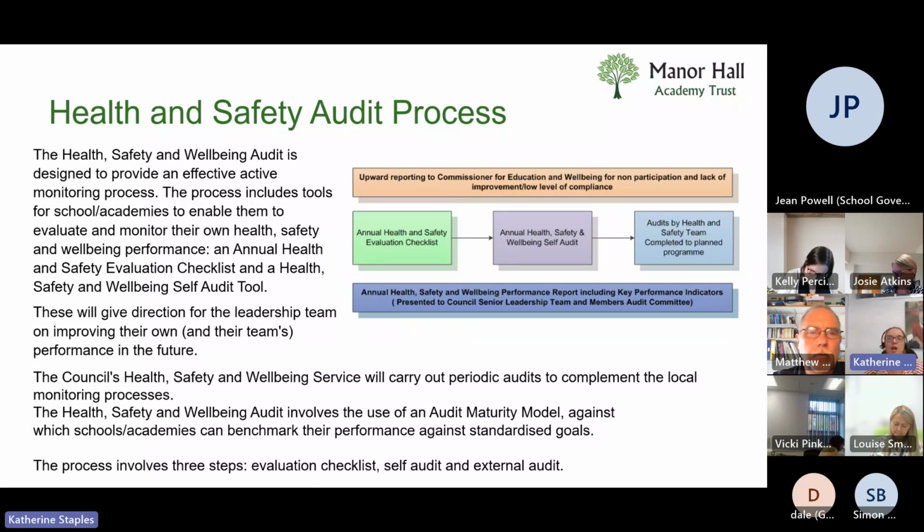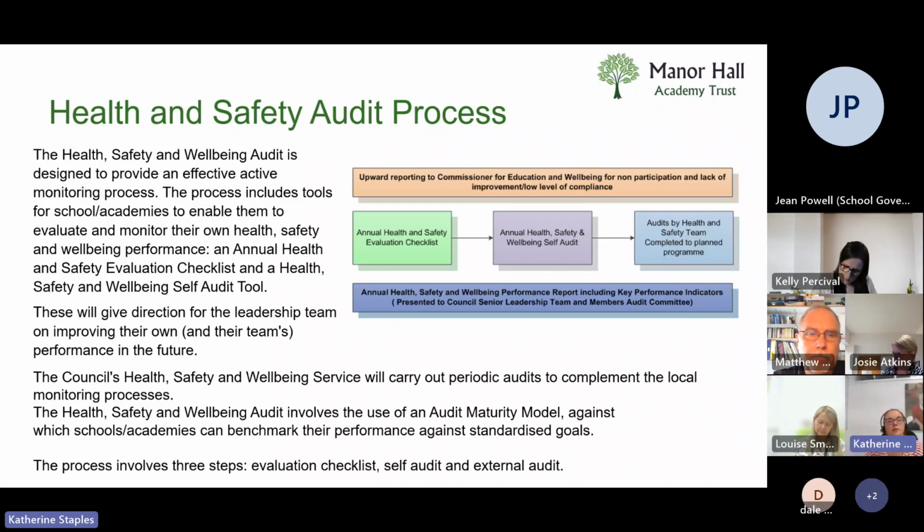So this gives us loads and loads of information at school level, which gives us real good indications of what health and safety celebrations are, what the school's doing really well at, and also what we need to maybe focus on and improve.